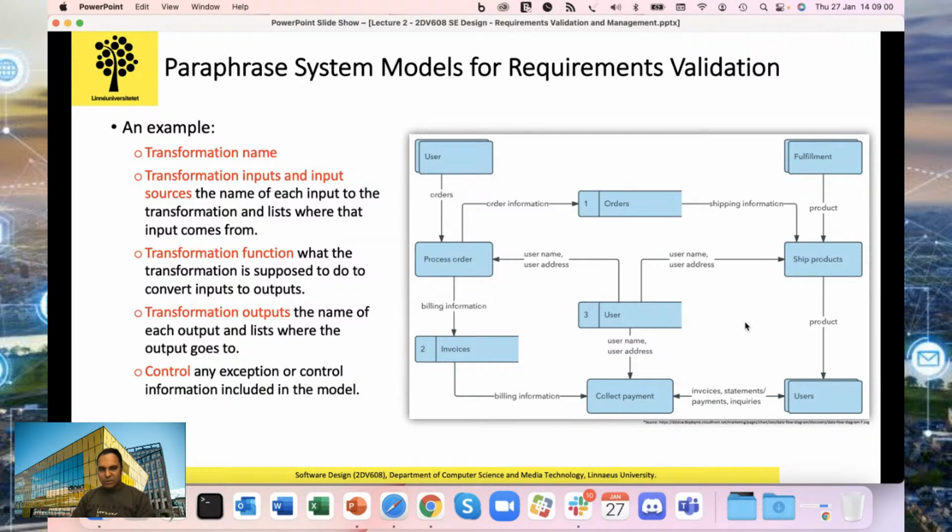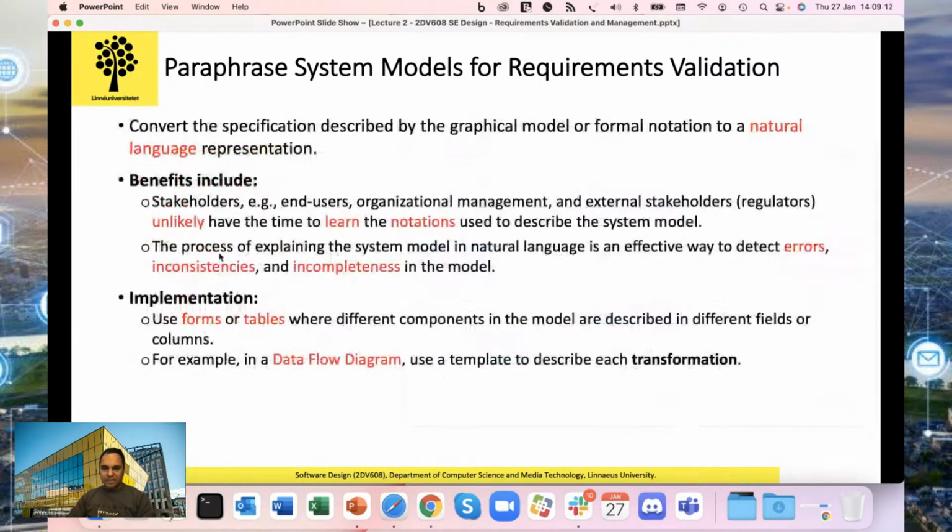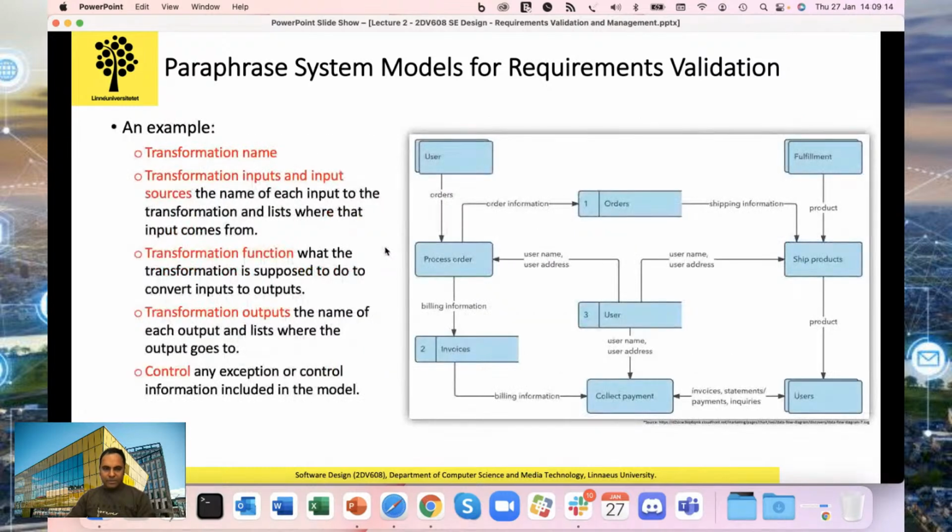All these things should be described very briefly if you are paraphrasing your system models or your requirements specifications. In this case, this is one of your requirements specifications, and you are paraphrasing it to briefly describe your system. So basically, you should have a transformation name.